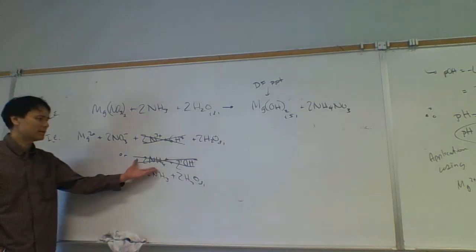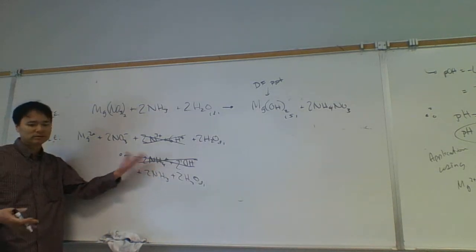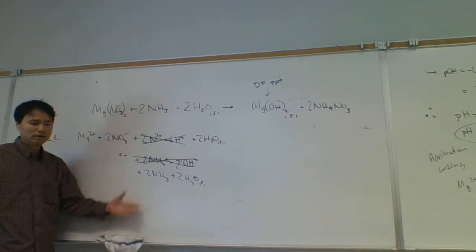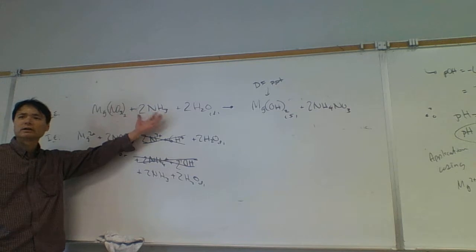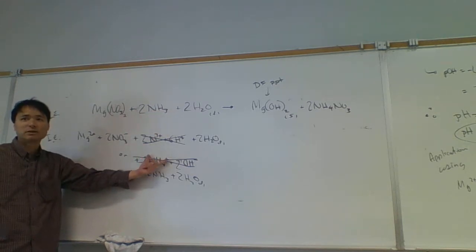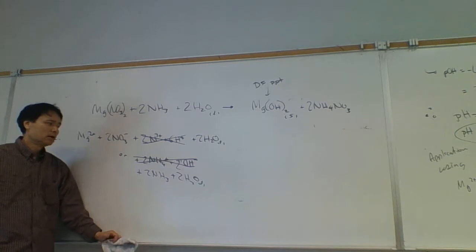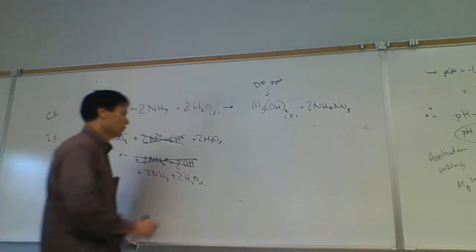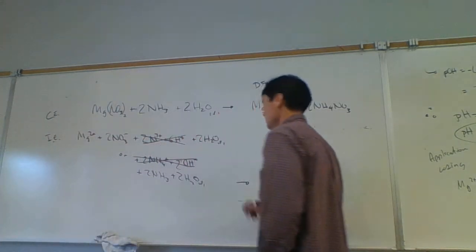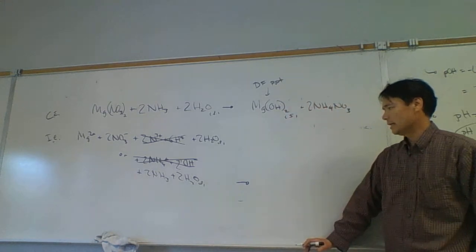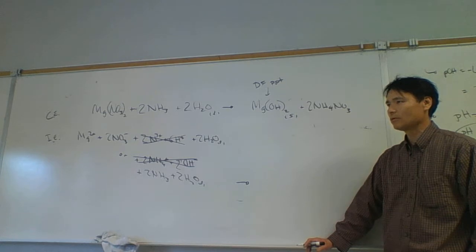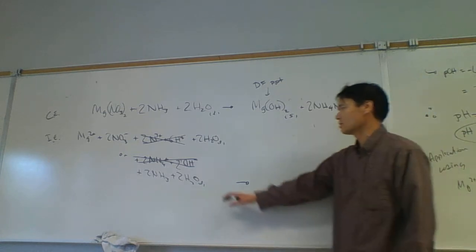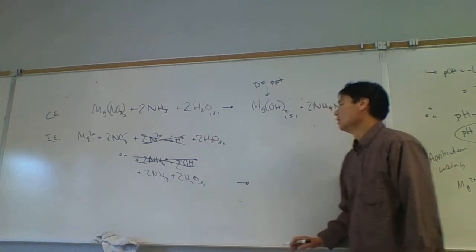Yes, the ammonium hydroxide is critical in this, but that's not what you get. You get ammonia and water, and a little bit of that will automatically form a little bit of this. And so the reactants are what we're going to actually mix. It's like the foods that we actually eat. Yes, pyruvate's there, but we don't start with pyruvate. We start with ammonia and water.